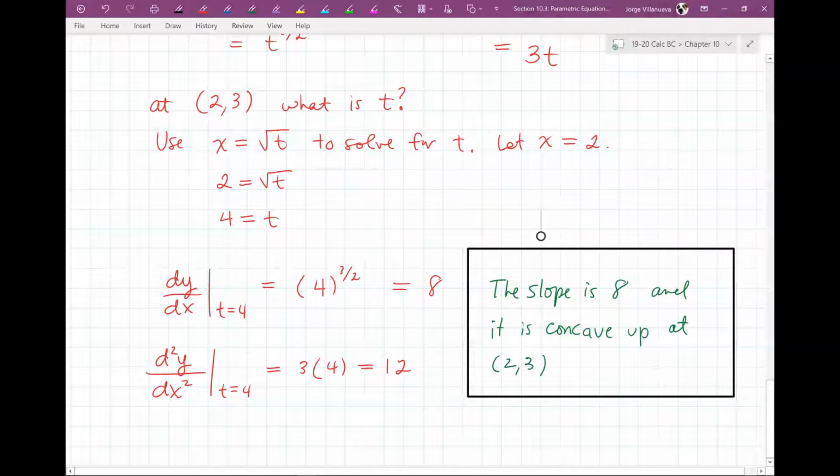If the second derivative is positive, it's concave up. If it's negative, it's concave down. So that's what you should get for that problem right there.